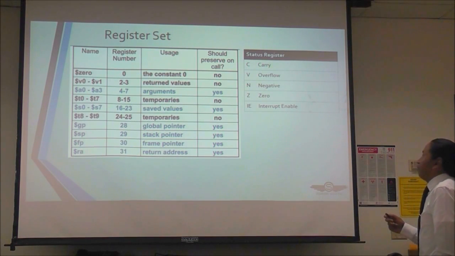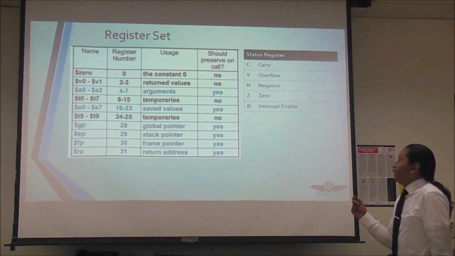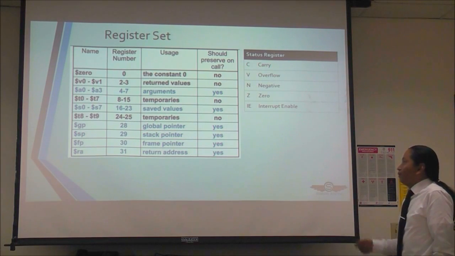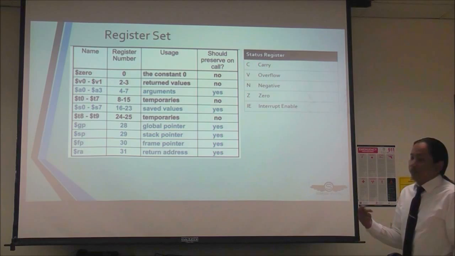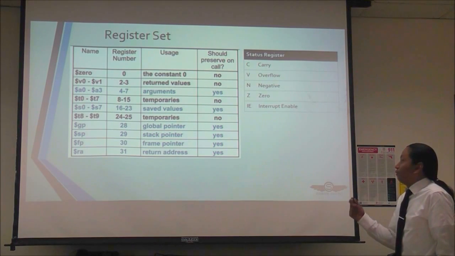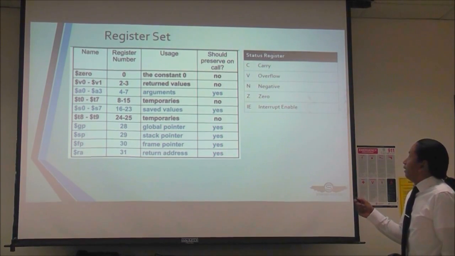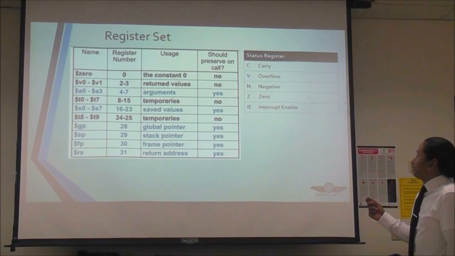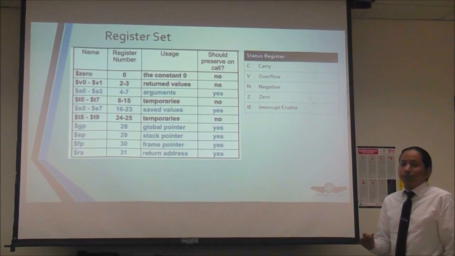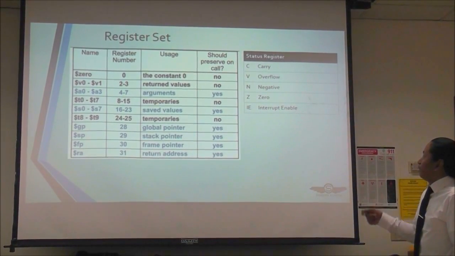And then we have carry, overflow, negative, and 0 flags, and interrupt enable. So if interrupt enable is not set to 1, then we can't use interrupts. The 0 and negative flags are used for branch operations, so those are kind of important.